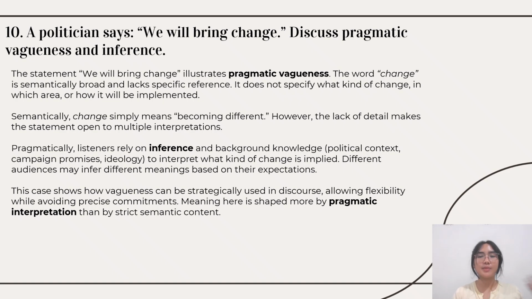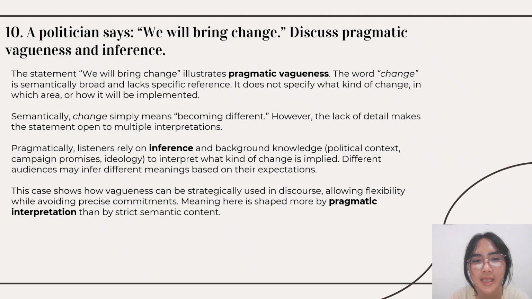Semantically, change simply means becoming different. However, the lack of detail makes the statement open to multiple interpretations. Pragmatically, listeners rely on inference and background knowledge, political context, campaign promises, ideology, to interpret what kind of change is implied.